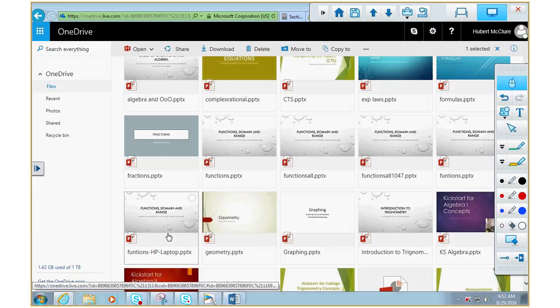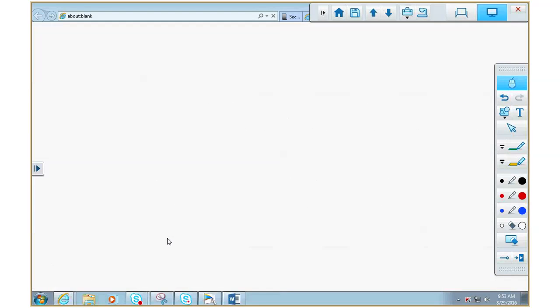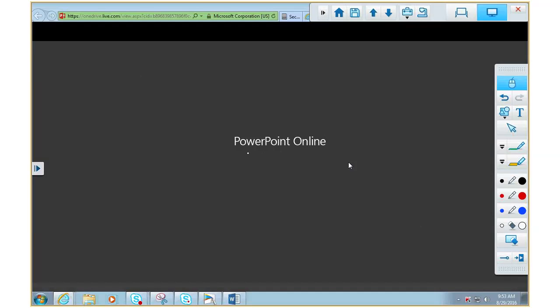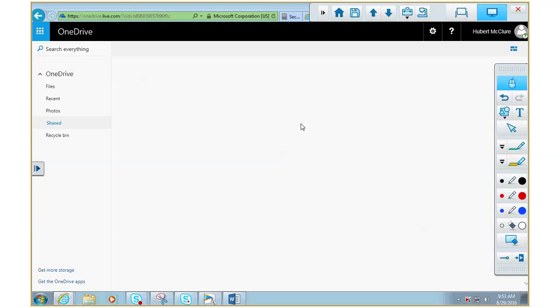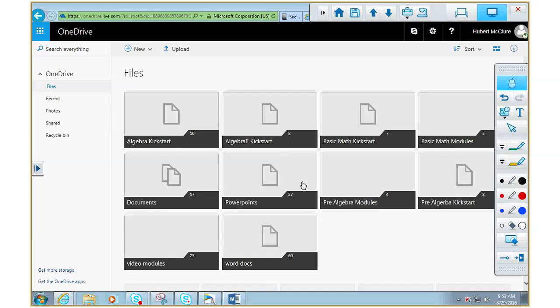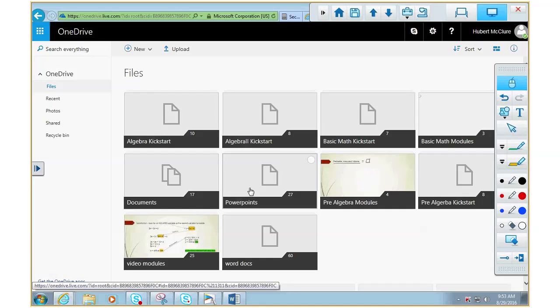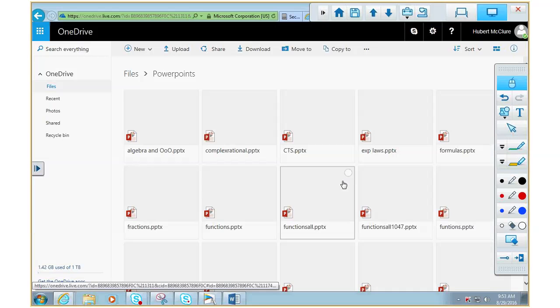There's too many functions. Nope, that's not it. I've got one section that's got like 5.